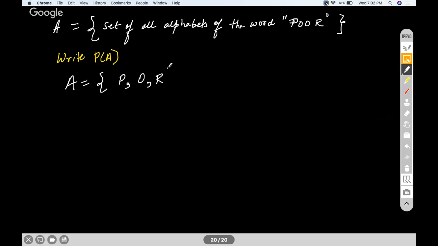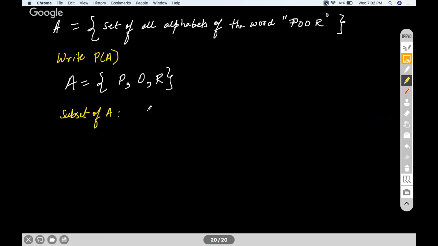Please remember, in a set you cannot write one element more than once. So even if there are two O's, you only write one O. Yeah, that's correct. So what are the subsets of A?